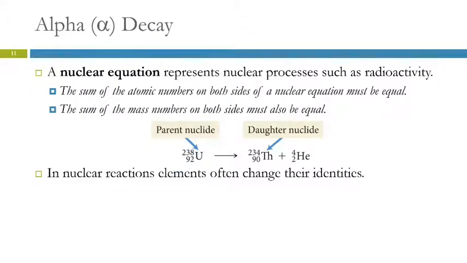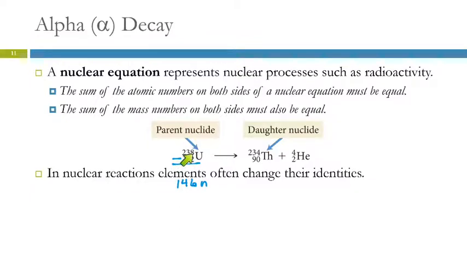There's 92 protons, and if we want to know how many neutrons there are, we can just subtract. I should have picked something that I could do in my head, but 238 minus 92, 146. So if we needed to know the neutrons, we could just subtract.